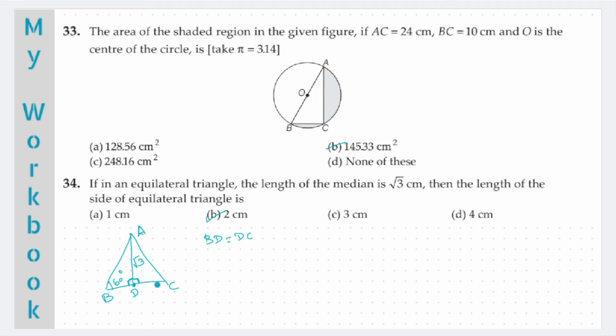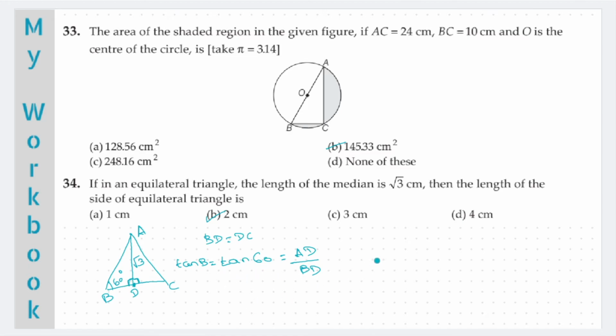We know angle B and we also know the opposite side AD. So tan 60 will be AD by BD, that is tan B. Tan B is AD by BD, opposite side by adjacent side, and B is nothing but 60 degrees.